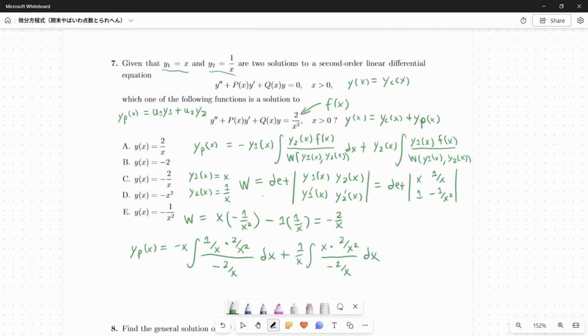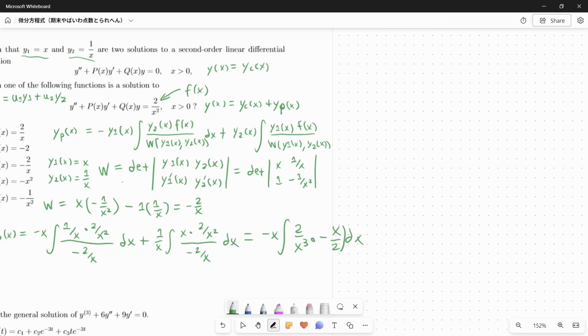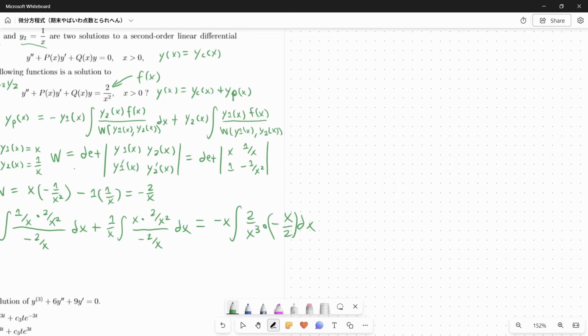So now we can simplify things a little bit, and this can be reduced to negative x times the integral of 2 over x squared, no, x cubed times negative x over 2. I'll put that in parentheses to avoid confusion, plus 1 over x times the integral of 2 over x times negative x over 2 again.